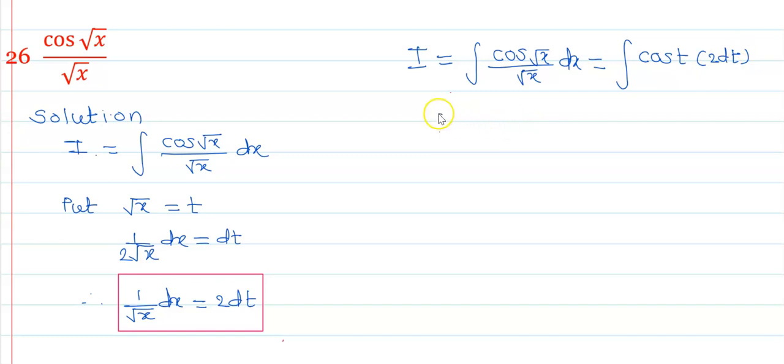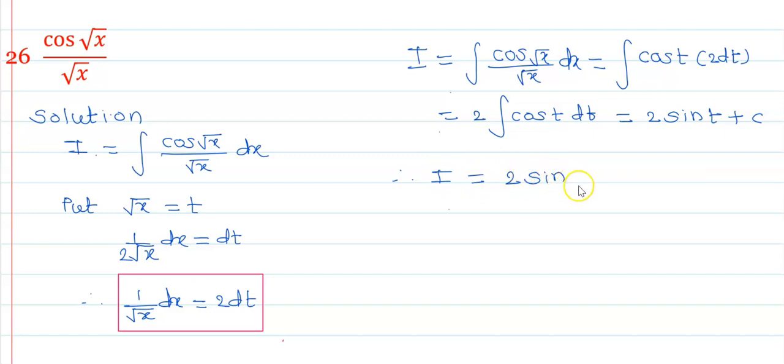Therefore 2 integral cos of t into dt. Now its integral is sin of t plus c, and therefore I is equal to 2 sin of root x, resubstituting the value of t, plus c.